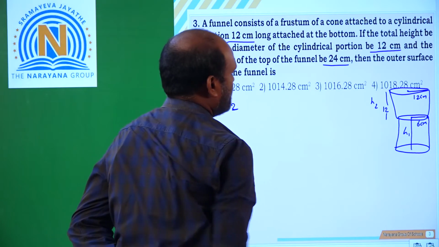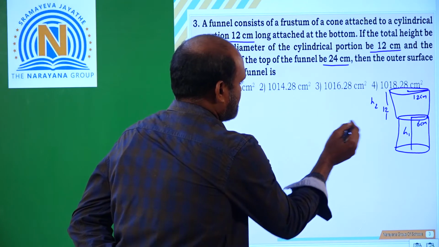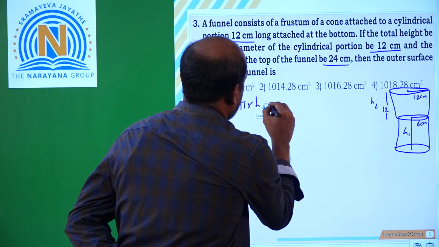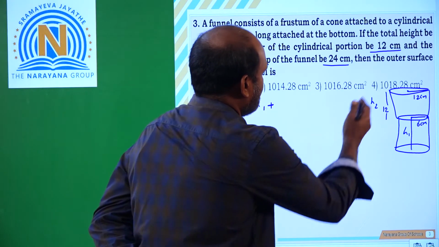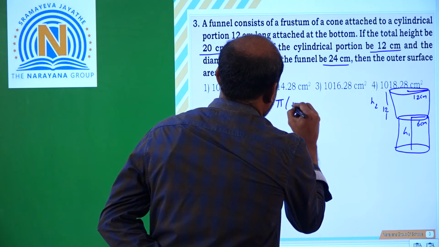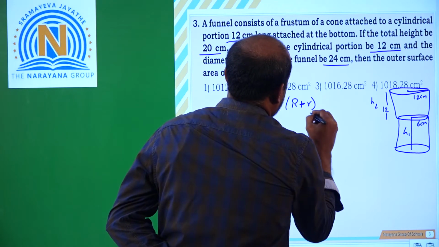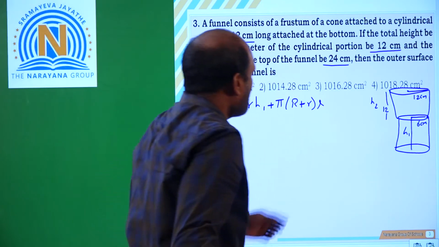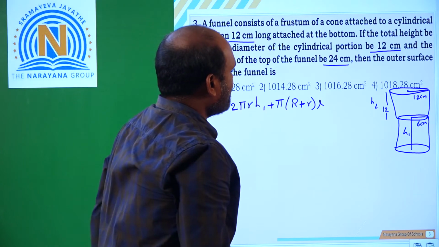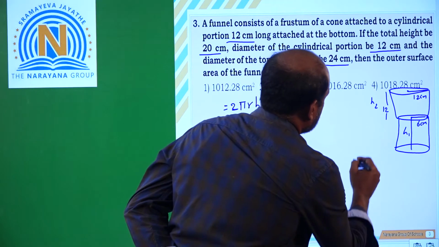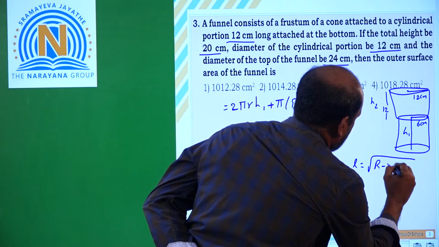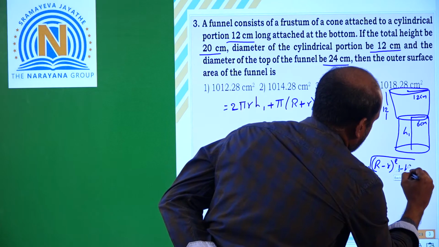So the lateral surface area of the cylinder is 2 pi r h1, plus the lateral surface area of the frustum, pi into (R plus r) into L. What is this L? L is nothing but the slant height of the frustum of the cone. So slant height L is equal to the square root of (R minus r) whole square plus h square.